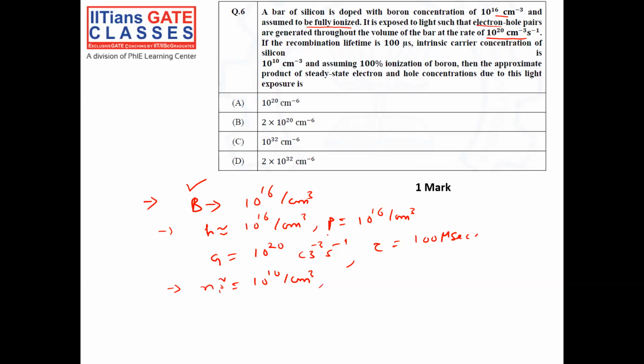So the concentration of holes in my semiconductor is 10 power 16 per cm cube. It is asking to calculate the approximate product of steady state electron and hole concentration due to this light exposure. So let us solve this question.